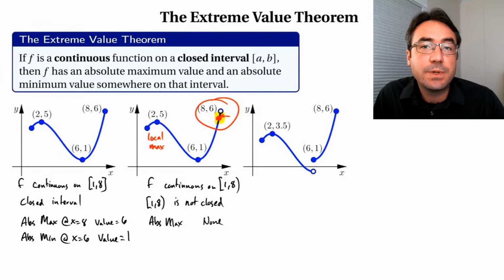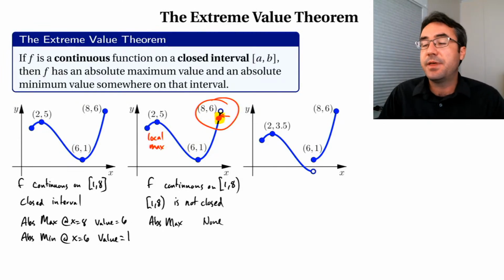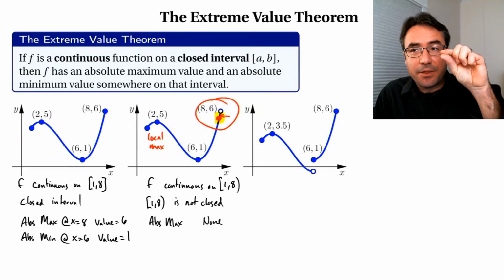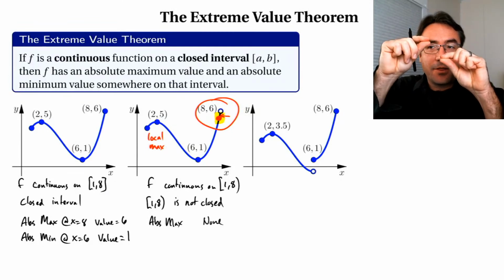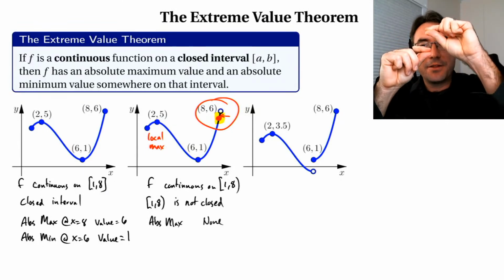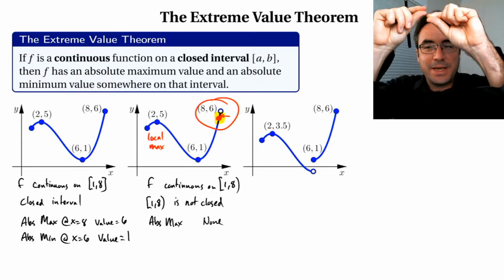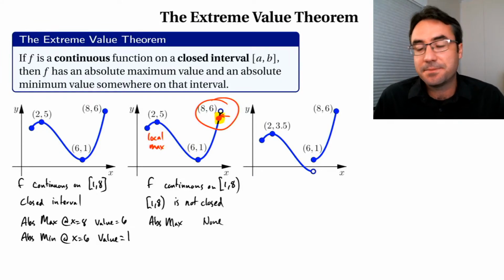So that local max would not be an absolute maximum. If I pick any of those other points, I can keep working my way up, finding another point that's slightly higher, and another. So there is no absolute max.